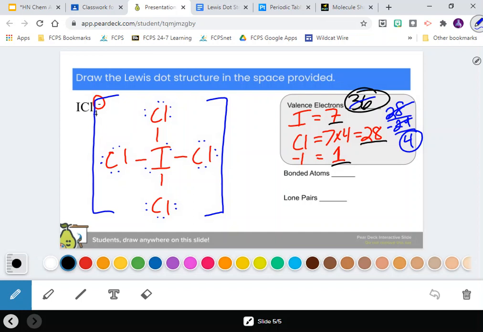Charge in the upper right corner here. And remember, you don't have to put a number on it because an understood 1 is implied if you just have a minus, but you can put 1 minus, that still would be acceptable. How many bonded atoms to our I in the center? 4, good. And how many lone pairs? 2. This is also one of those square planar ones. I guess I repeated my shapes here.